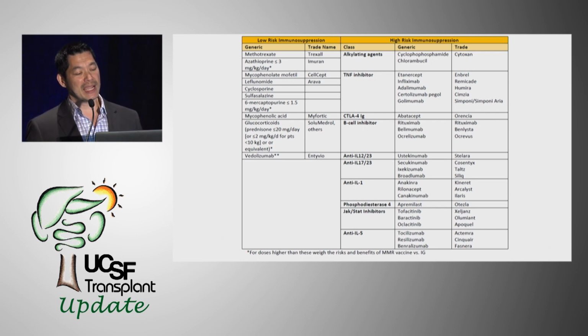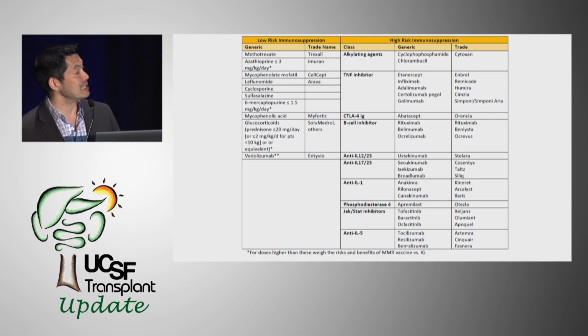The IDSA and others, and the CDC, have divided it basically by how immunosuppressed the patient is. If they're highly immunosuppressed, they're probably more likely to have a negative reaction to the vaccine as opposed to low-risk immunosuppression. And I think it's interesting that some of the drugs we use, like cyclosporin and steroids less than 20, are considered low-risk, as opposed to some of the newer biologics that are on the right side.